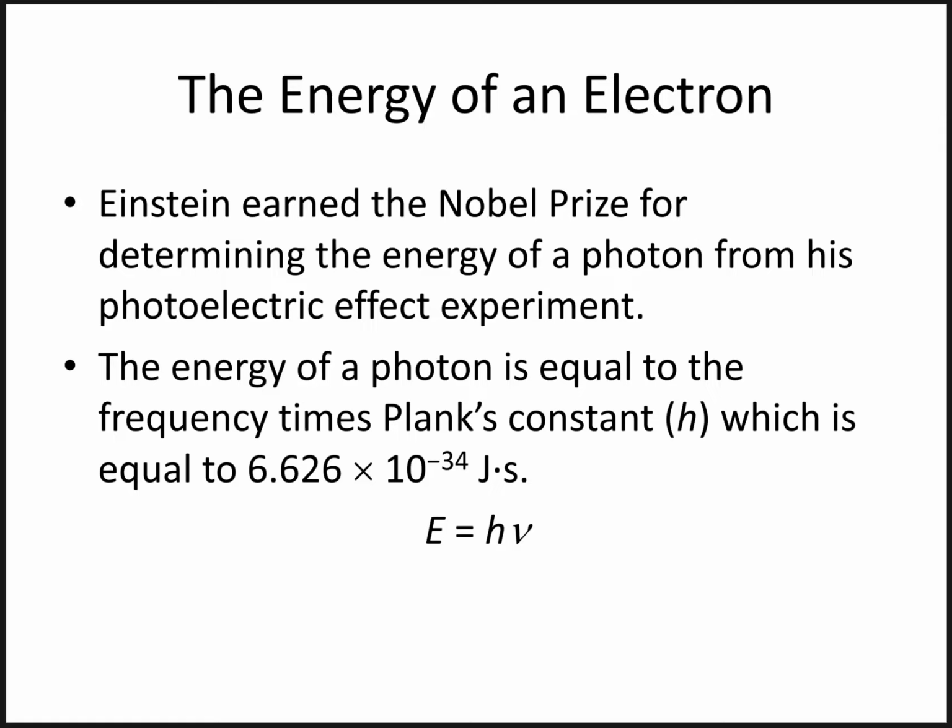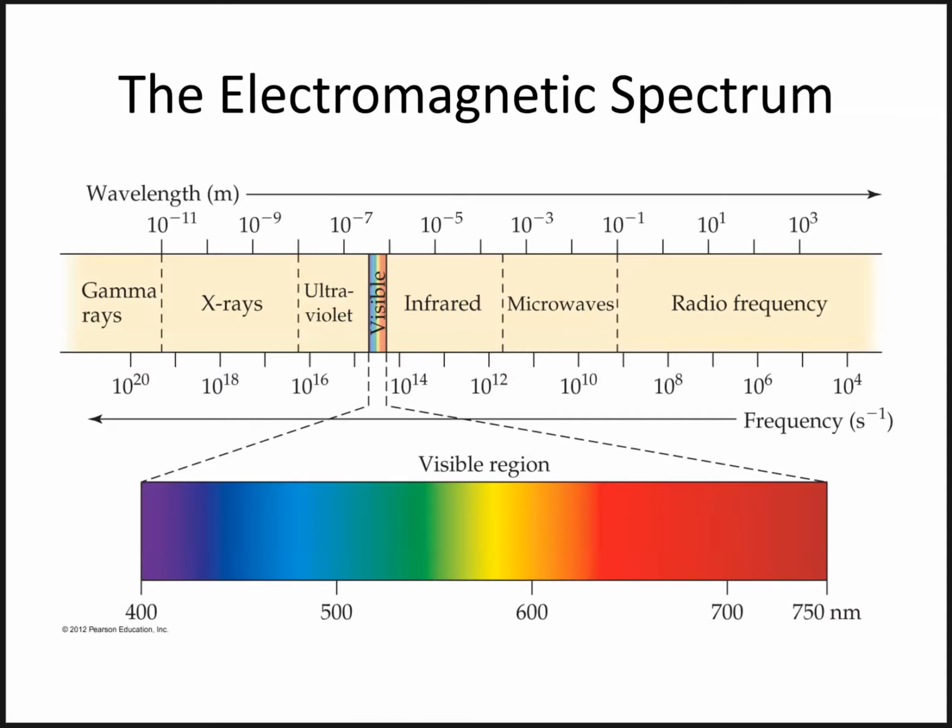So what do we know about the energy of electrons and electromagnetic radiation? Well, there's a whole spectrum available to us, ranging from very large wavelengths, meters, kilometers, all the way down to wavelengths smaller than the size of a proton or neutron.